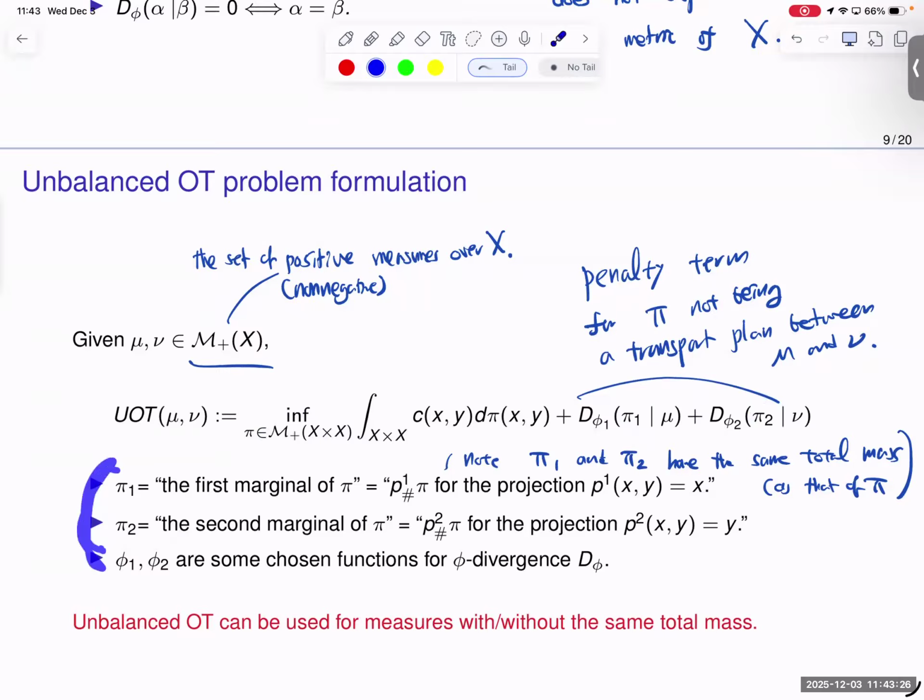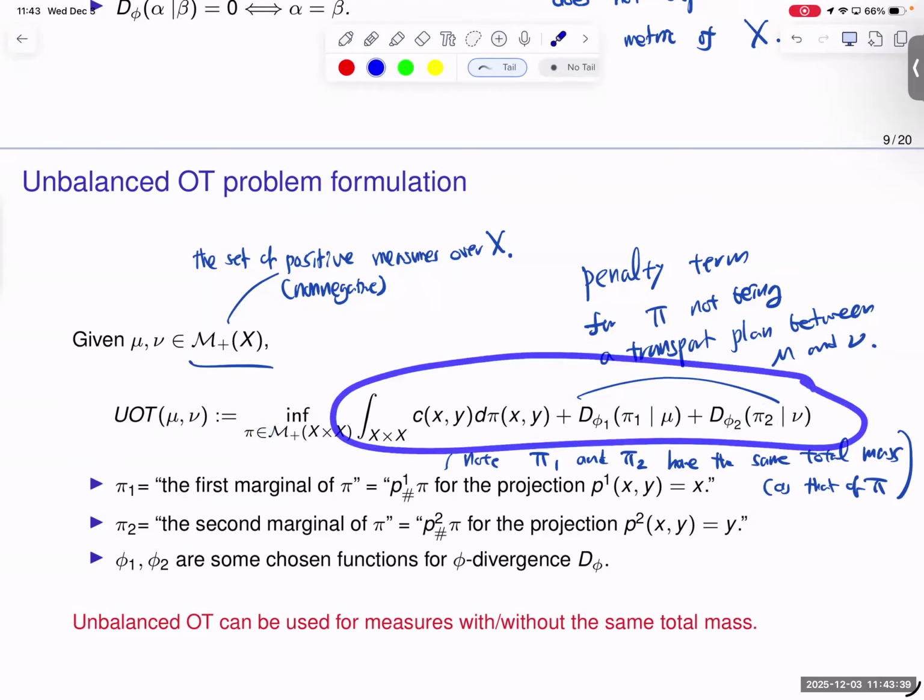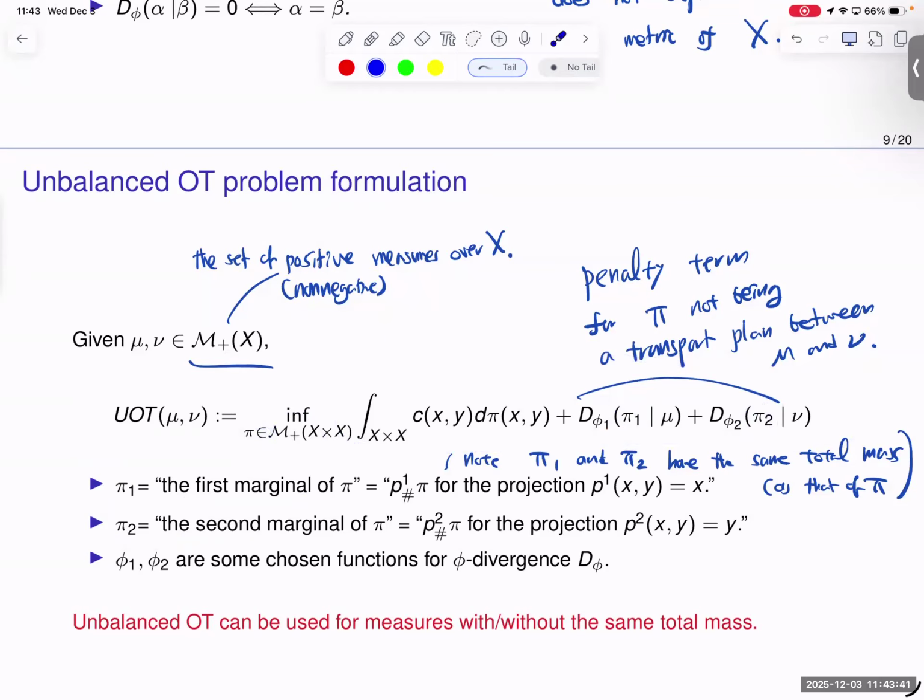So this is the constraint. You can regard pi, pi 1 and pi 2 as your decision variables, and minimizing the objective function among these decision variables is what this unbalanced optimal transport problem is.